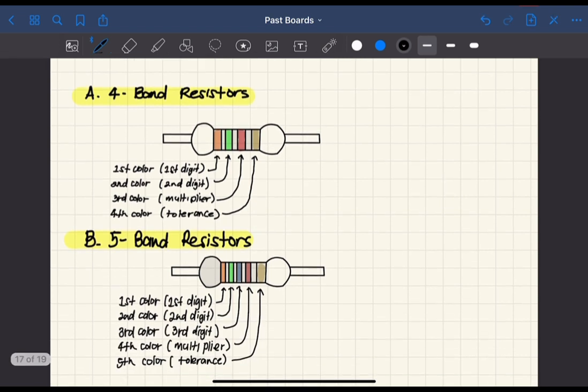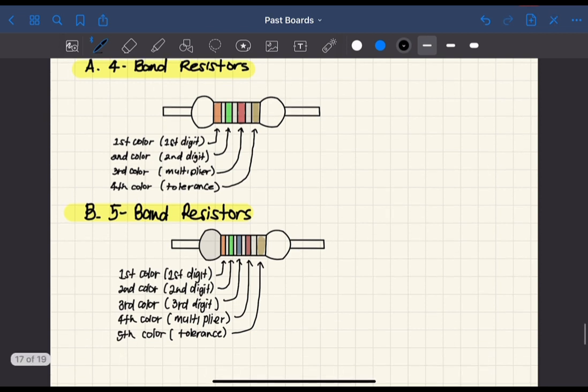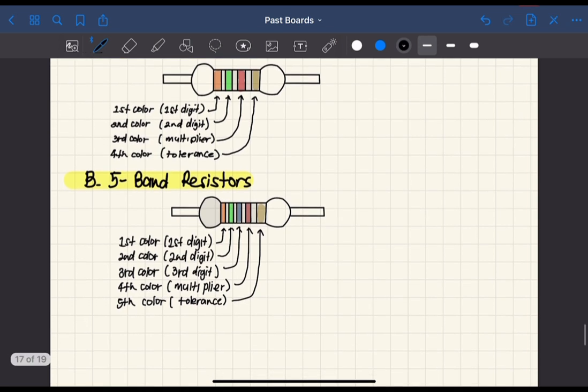For a 4-band resistor, the first color represents the first digit, the second color represents the second digit, the third color represents the multiplier, and the fourth color represents the tolerance. And for a 5-band resistor, the first color is the first digit, the second color the second digit, the third color the third digit, the fourth color the multiplier, and the fifth color the tolerance.